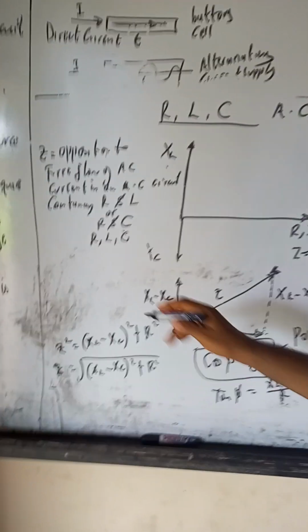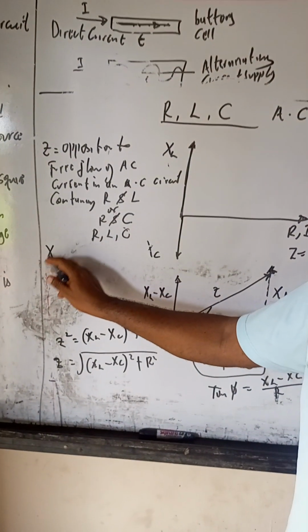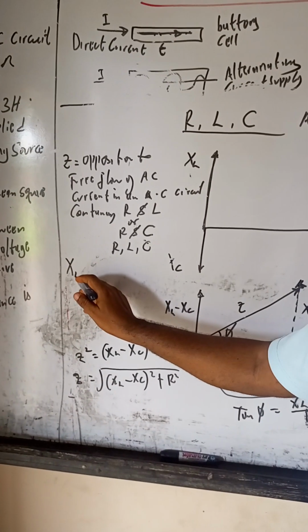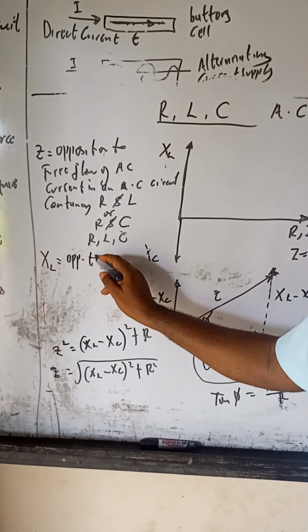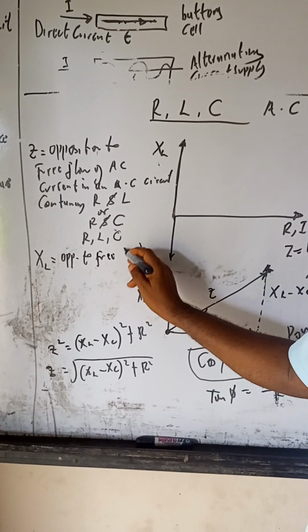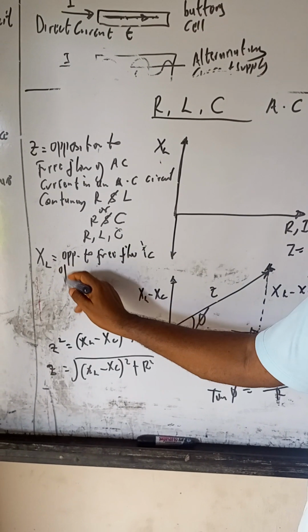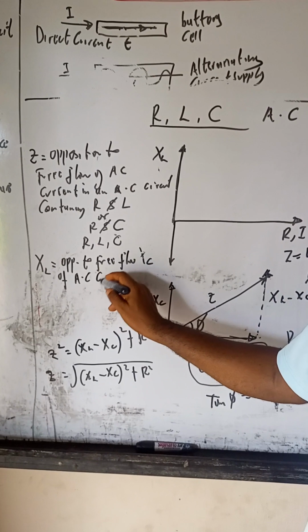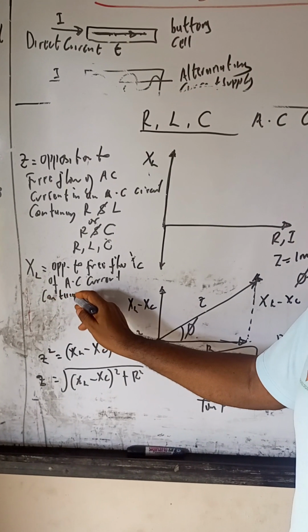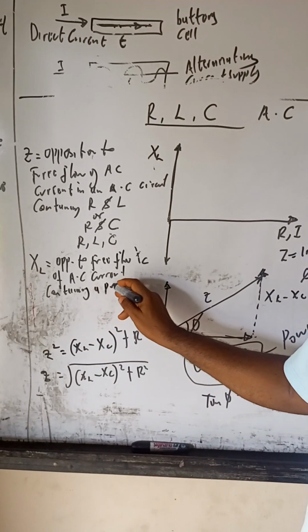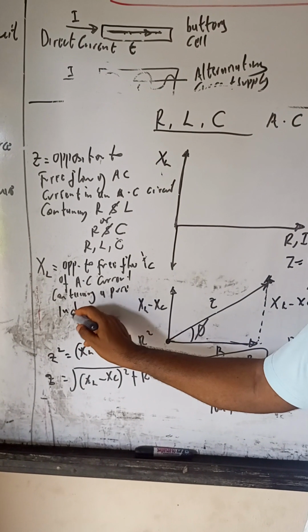Now, we also have what is called reactance. So reactance is the opposition to free flow of AC currents in a circuit containing a pure inductor.